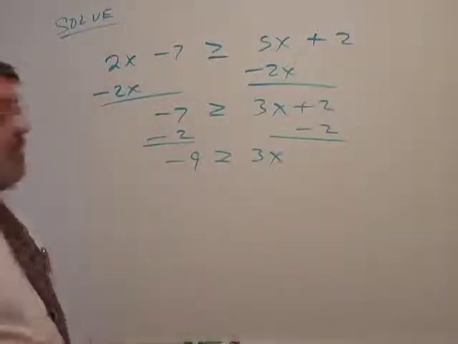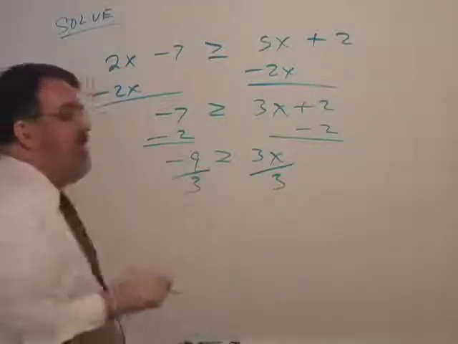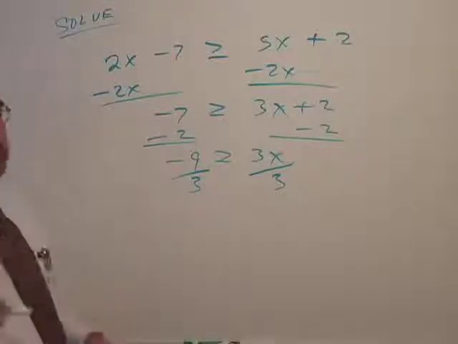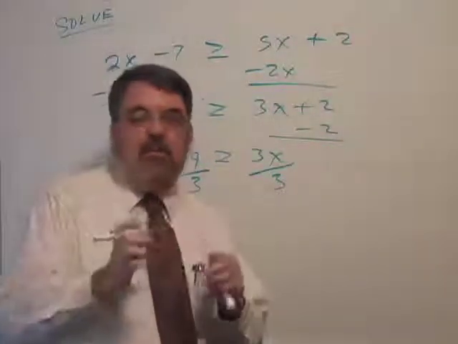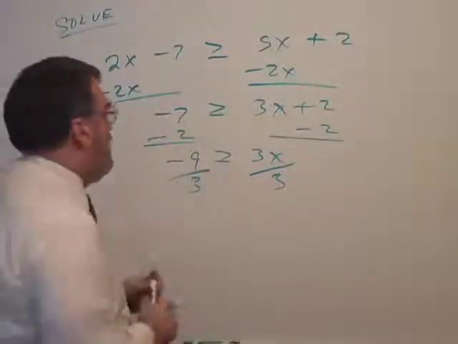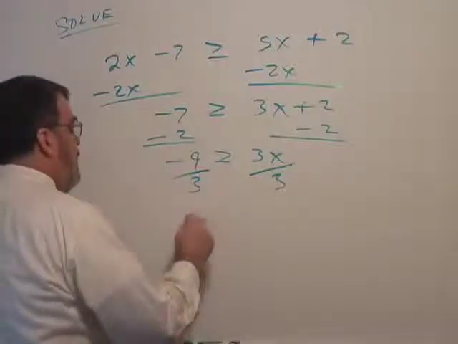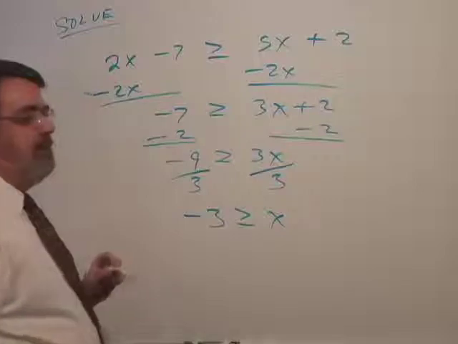At this point, we would divide by 3, wouldn't we? Now, dividing by a positive number does not produce a reflection. In this case, it produces a compression, but it does not reflect. In other words, we don't switch the inequality symbol when you divide by a positive. So I have negative 3 is greater than or equal to x.